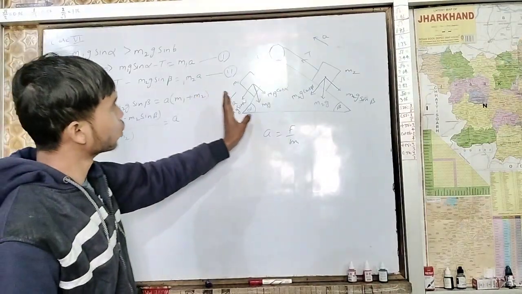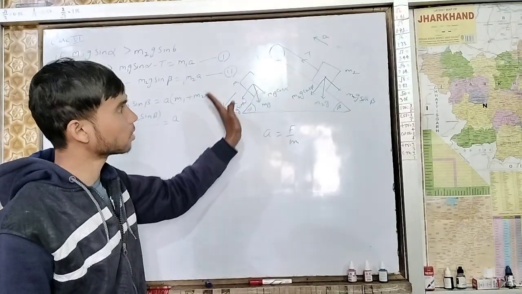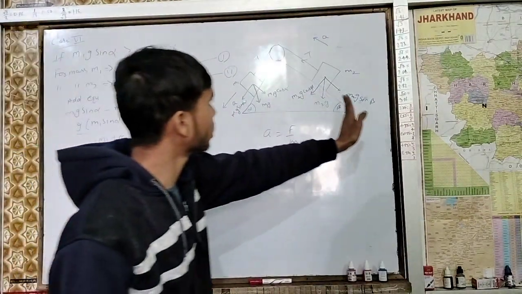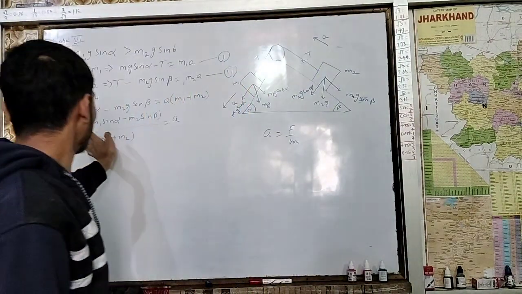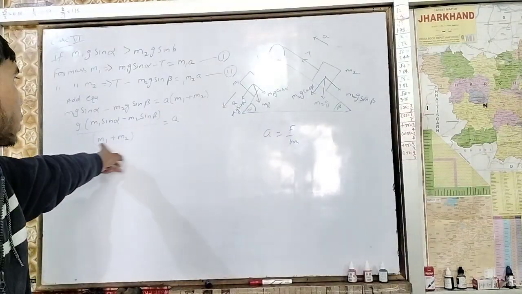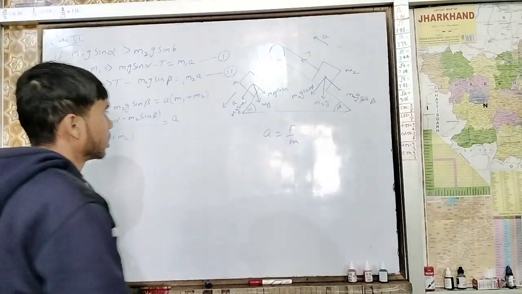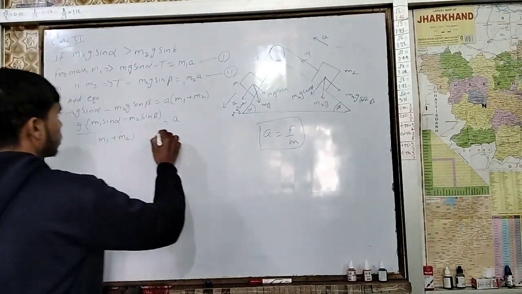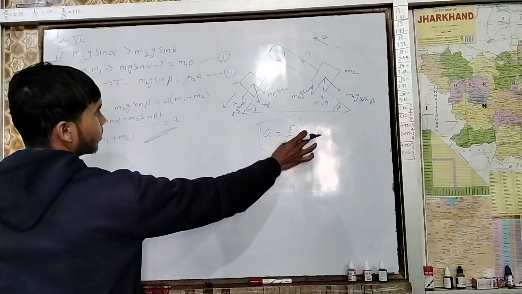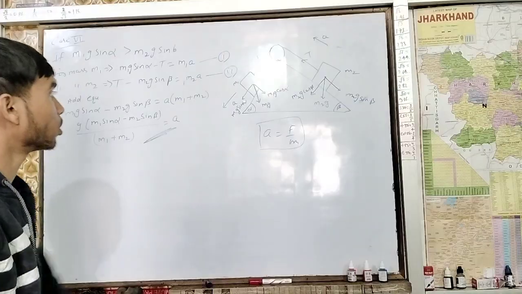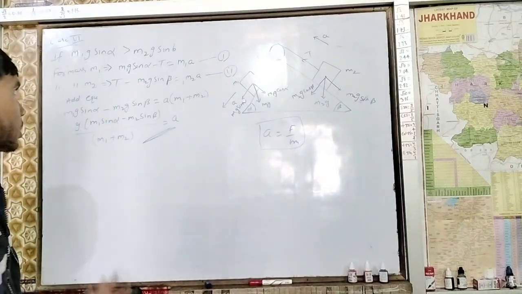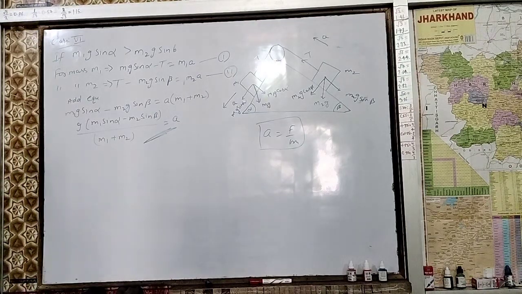Remember, m2 sin beta is going upward, m1 sin alpha is going downward. z is a constant, so m1 sin alpha minus m2 sin beta upon total mass. It is not different, just there are components, and here we have F upon m, and we put the value of F and the value of m. That's it, we did it. This was the sixth condition.